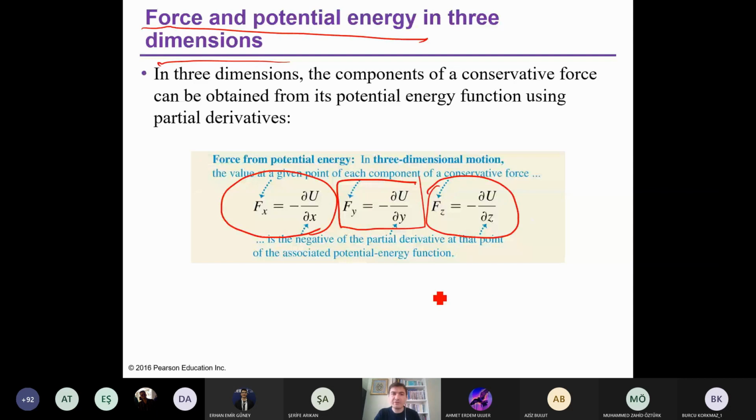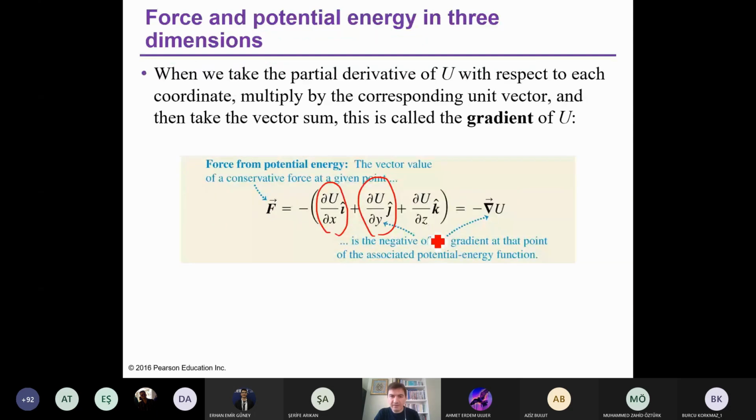How to do that? This is the x component of the force, y component of the force, and z component of the force, along the x, along the y, along the z, okay? And here I have negative because each component has negative sign, okay?